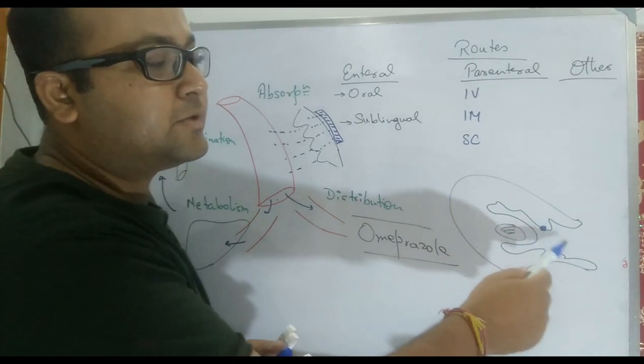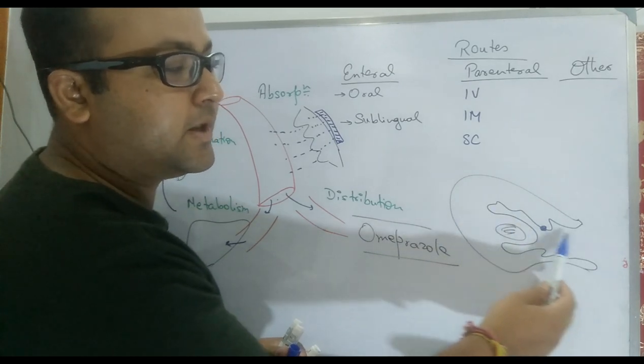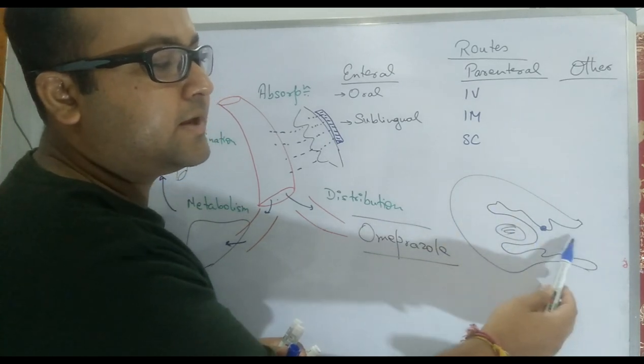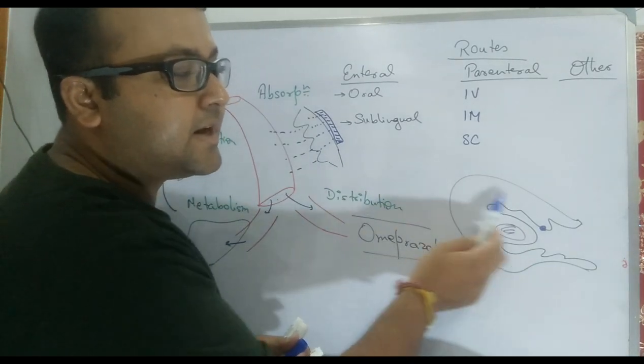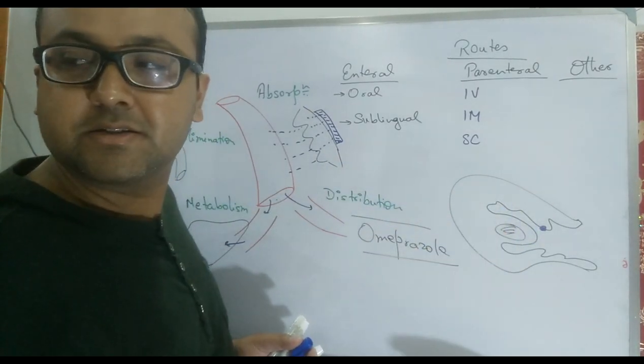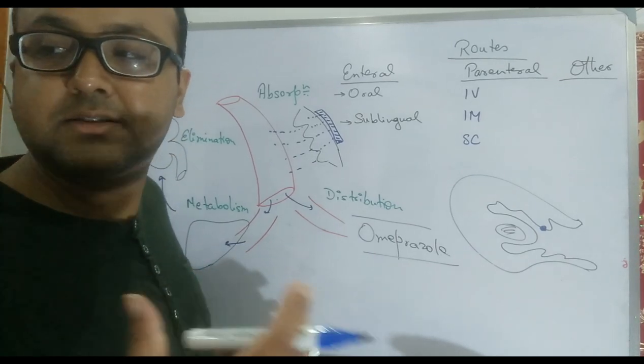Over here there was a large amount of potassium concentration present in this area, which was called the canaliculi. Inside the cell there was a large amount of proton formation taking place with the help of the fastest known enzyme in our body, carbonic anhydrase.